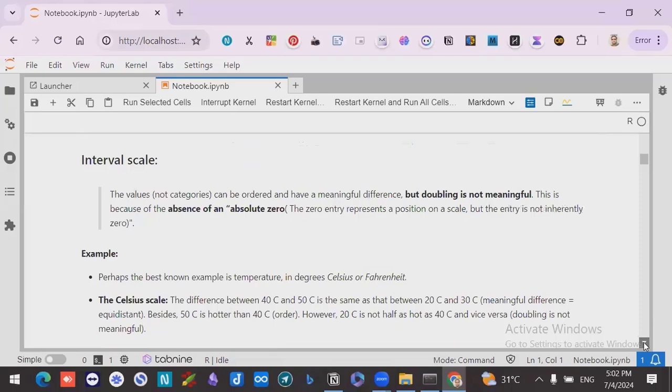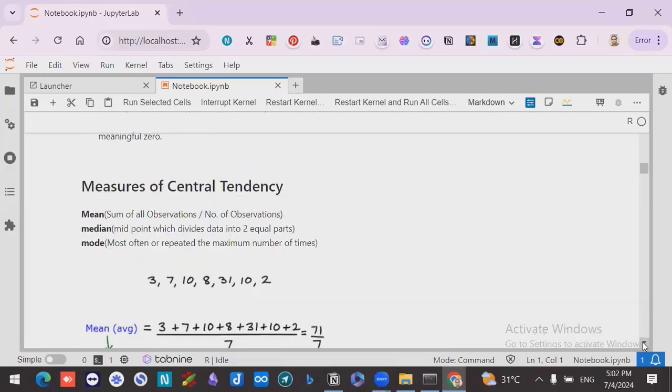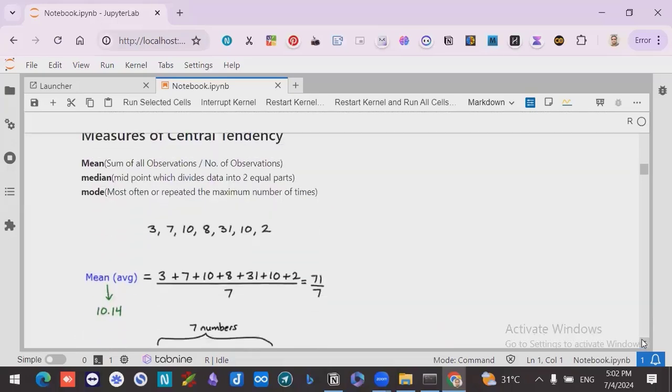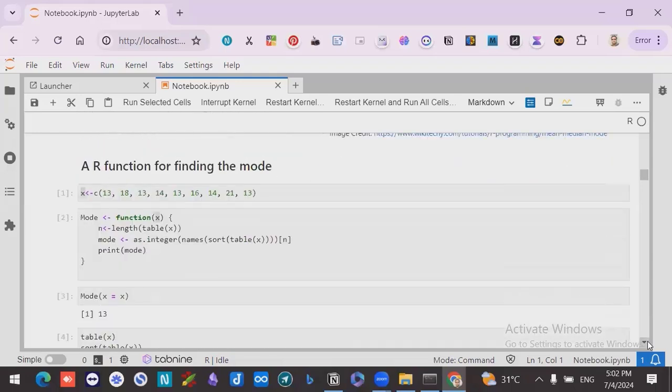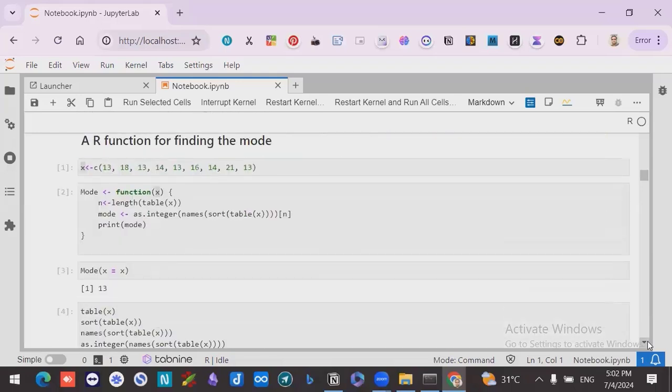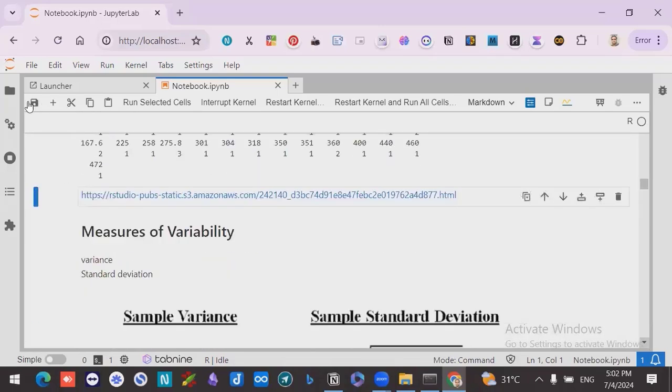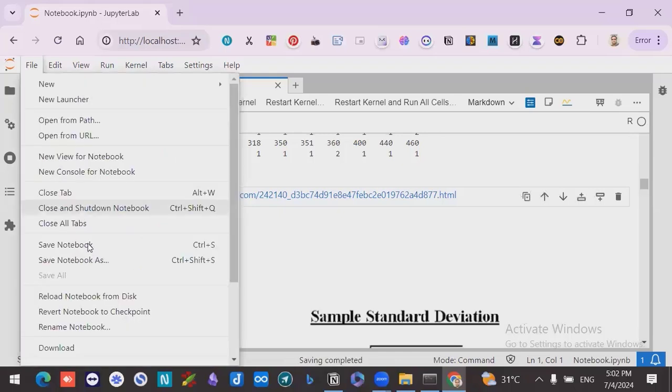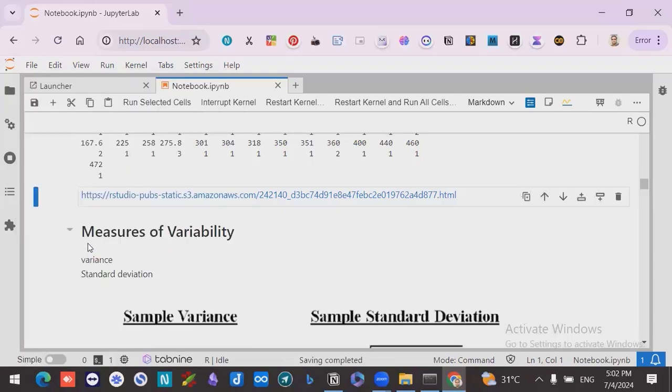We also learned about central tendency like mean, median, mode, how they compare, and the difference between mean versus median versus mode, along with some examples. Tomorrow we'll focus on variability, what variability is and how it is different from central tendency, and we'll try to understand it.